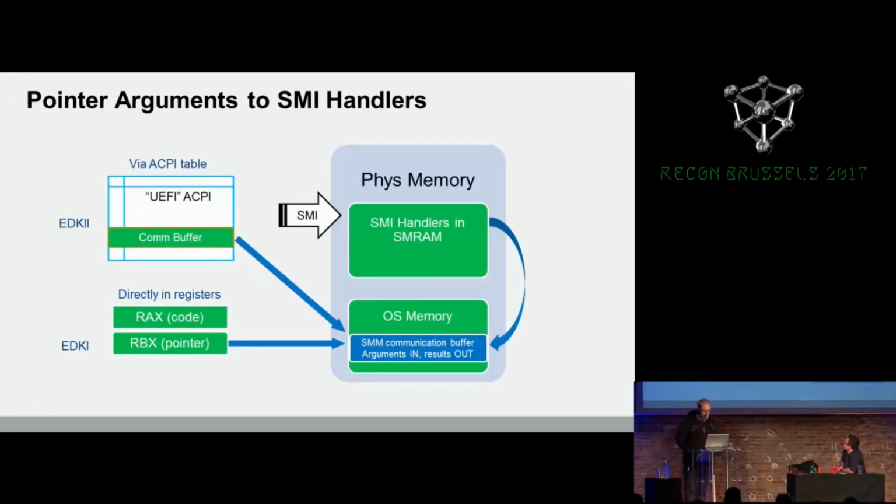In EDK1-based firmware, the address of the buffer is passed through a general purpose register, RBX. In EDK2, there is a mechanism named CommBuffer, and the address of the CommBuffer is passed through a UEFI ACPI table. In normal behavior, the address of this CommBuffer is controlled by the operating system.